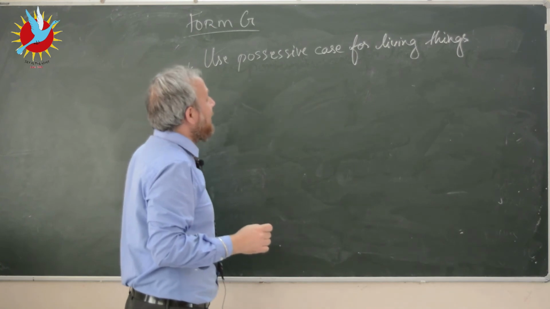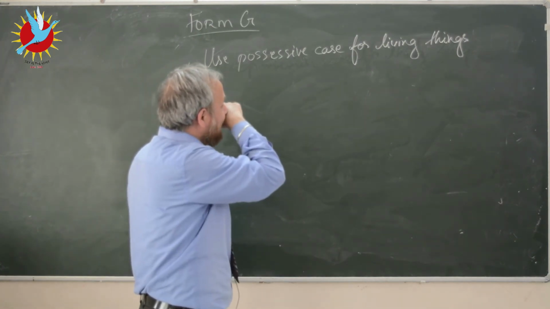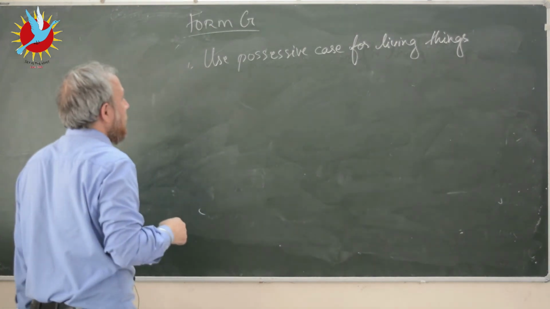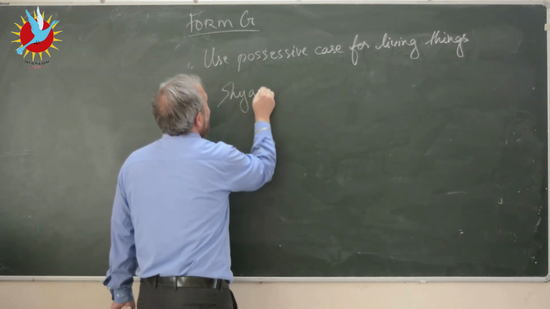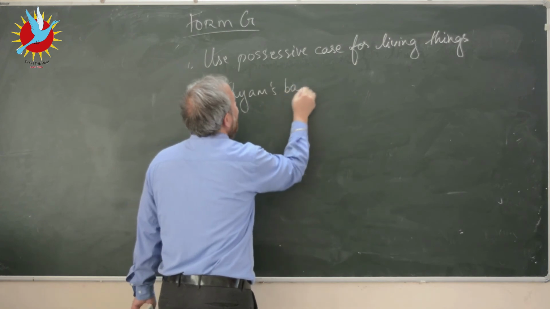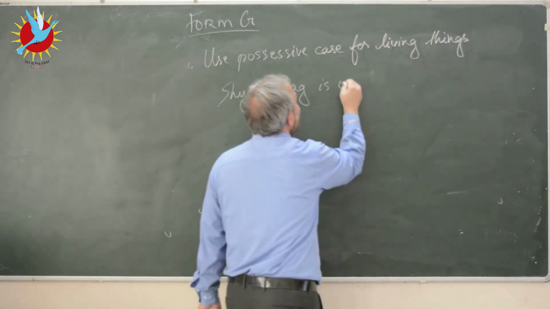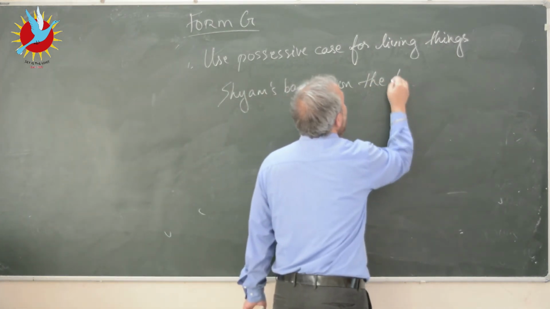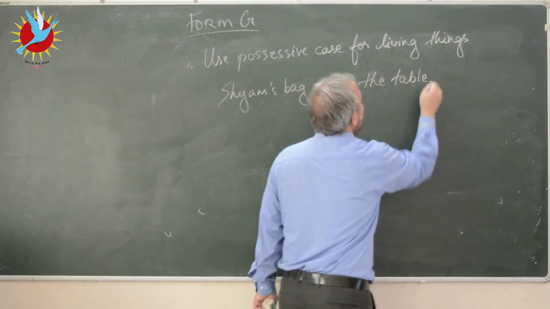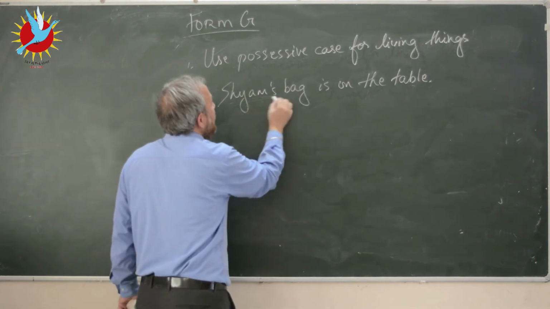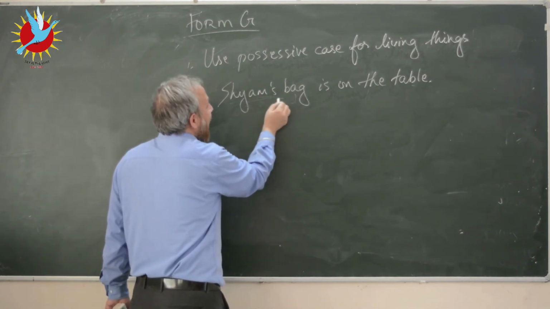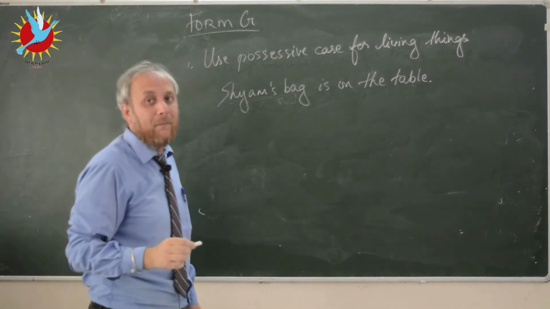Now I will give you an example. Let's say, Shyam's bag is on the table. Whose bag is on the table? Shyam's bag is on the table. What do I mean? That the bag belongs to Shyam.